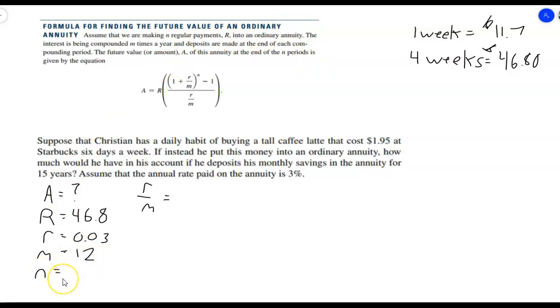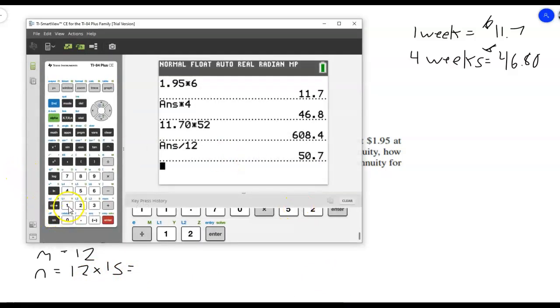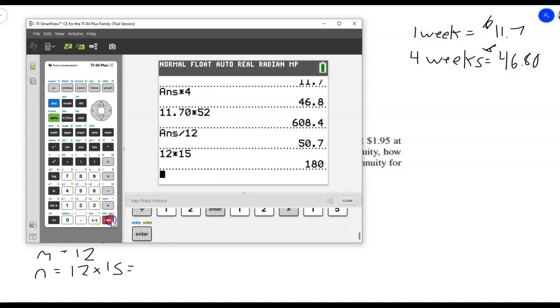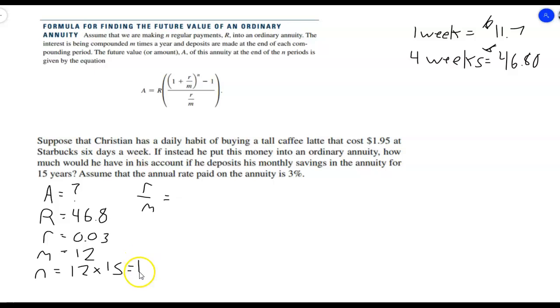And then N is the total number of compounding periods. That's our M times T, for 15 years. So that's 12 times 15, which is 180.